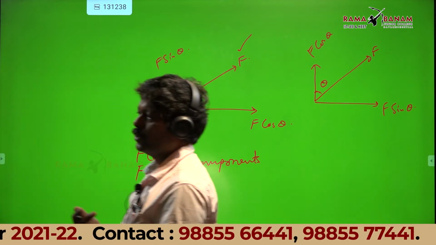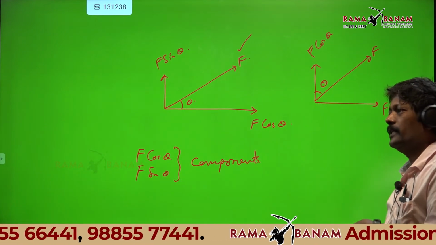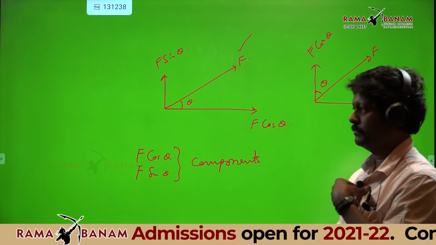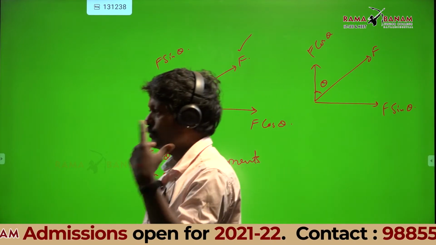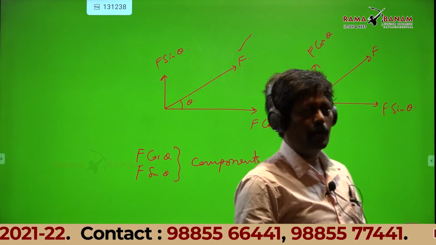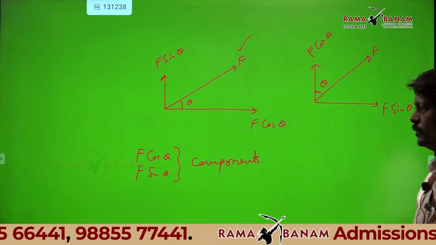The one which is adjoining theta will be F cos theta, the other will be F sin theta. How you get this, I will explain. Do not worry. Sir, how you got F cos theta, F sin theta, I will explain. First you should know how to split a vector into components. Draw the diagrams, both the diagrams.